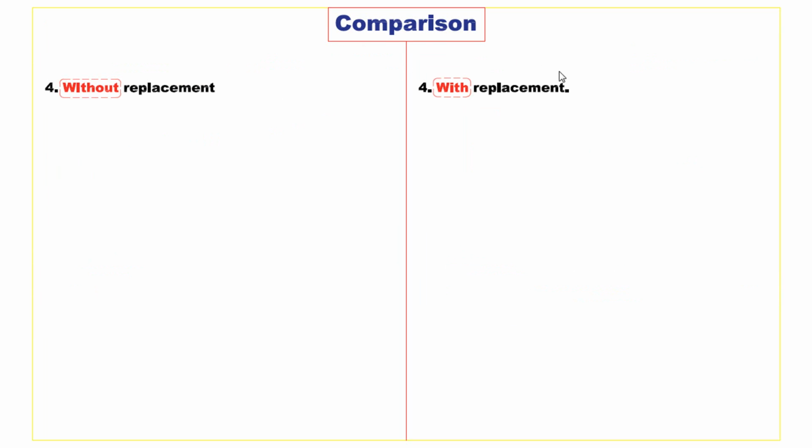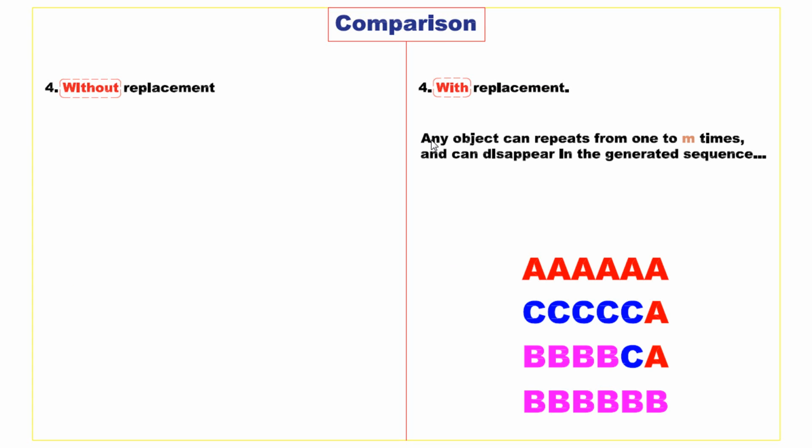So now for the case of with replacement, we notice that any object such as A can repeat from 1 to m times, or can disappear in the sequence, such as this sequence where there is no A in it.